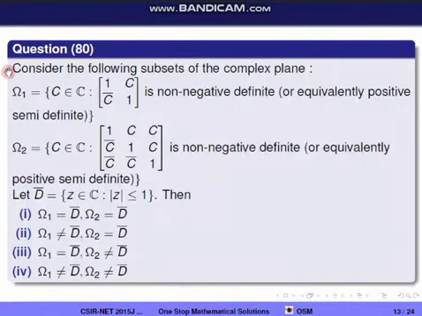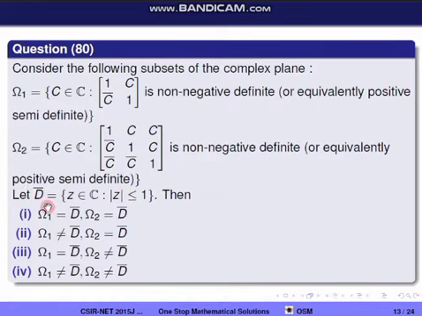Next question, question 80. Consider the following subsets of the complex plane. Omega 1 is equal to the set of all c in C such that the matrix [1, c; c conjugate, 1] is non-negative definite, or equivalently positive semi-definite. And omega 2 is equal to the set of all c in C such that the matrix [1, c; c conjugate, 1] is positive definite.